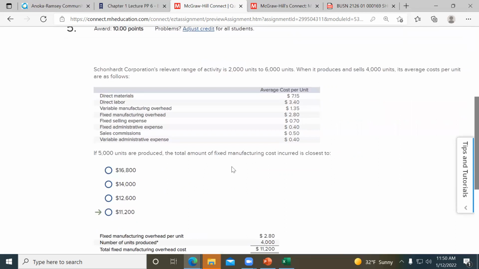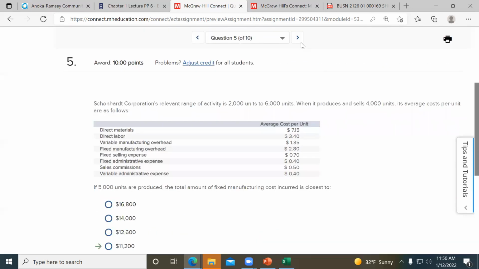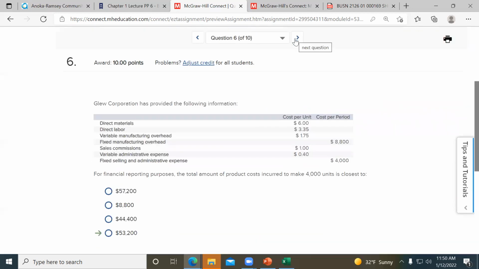If 5,000 units are produced, the total amount of fixed manufacturing overhead incurred is closest to what? Fixed manufacturing per unit times the number of units. Amount of product costs incurred: product costs are direct material, direct labor, factory overhead.